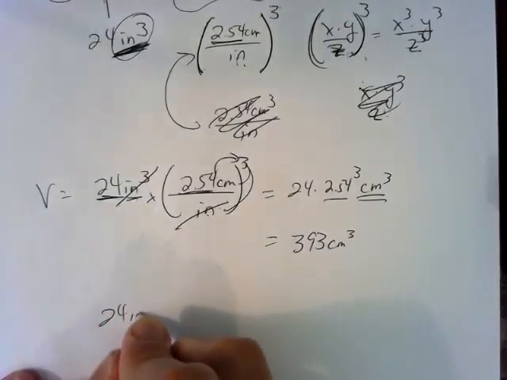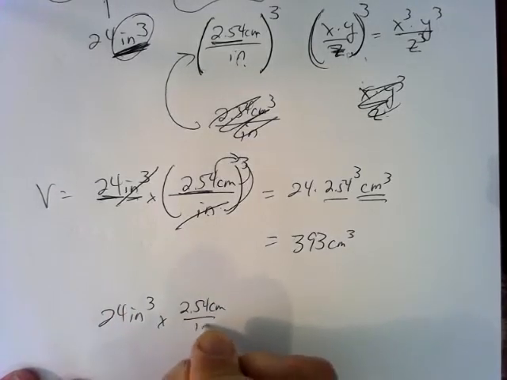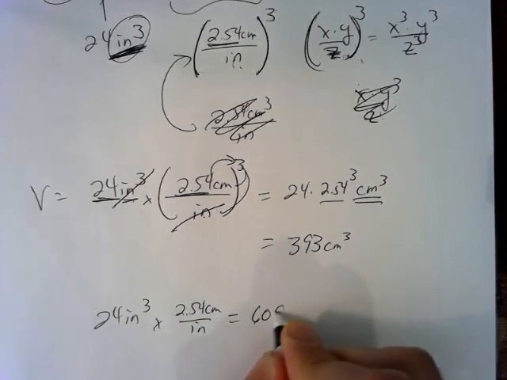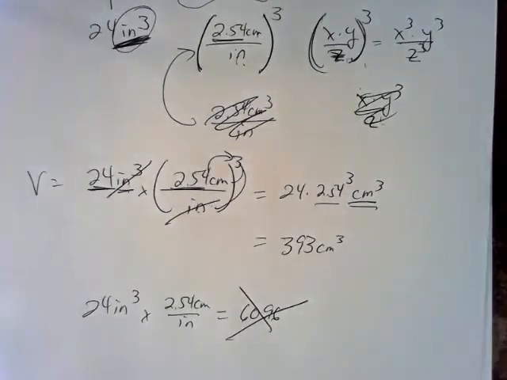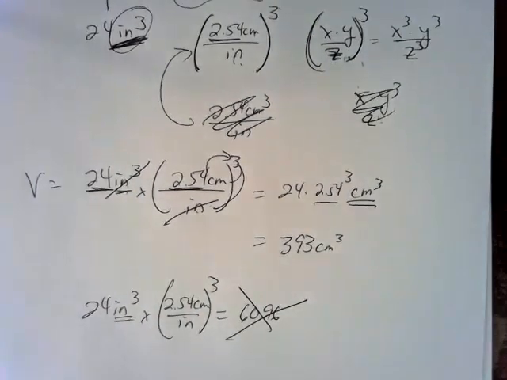We wouldn't just say 24 inches cubed times 2.54 centimeters per inch and just do that multiplication, because that would get us 24 times 2.54, 60.96, which is not the right answer. We saw what the right answer is when we did the individual sides, 393. So we have to recognize that this whole thing would need to be cubed because the units are cubed.